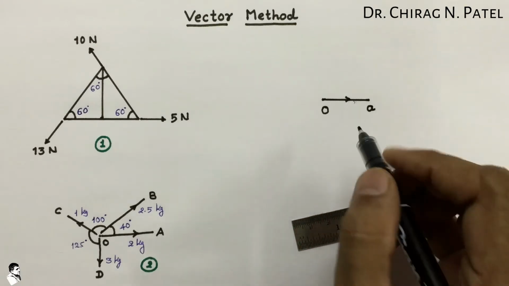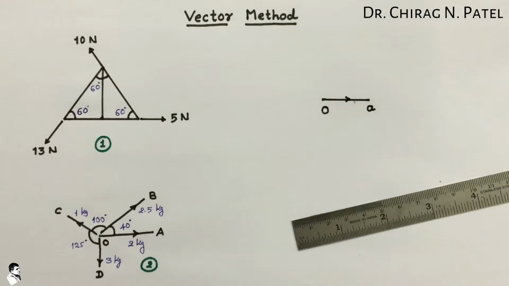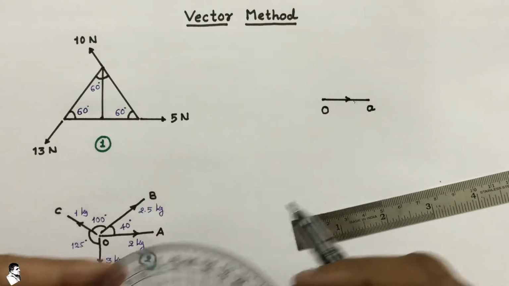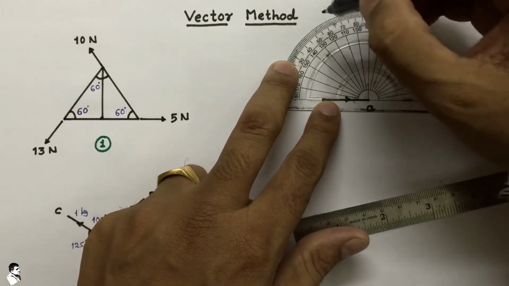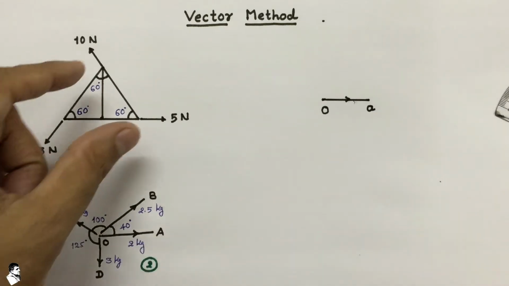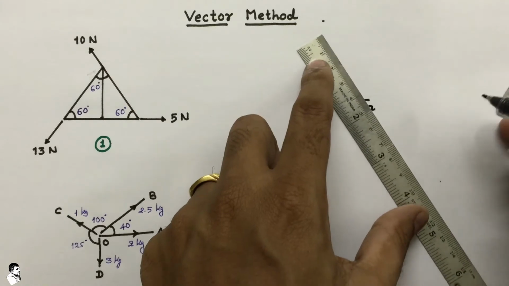Again we have to measure a 60-degree angle that it makes between the 5 Newton and the 10 Newton. So here we mark 60-degree, and again draw the 10 Newton force with proper scale.